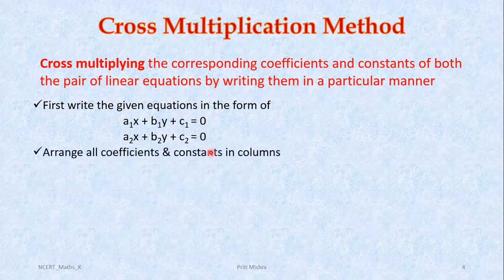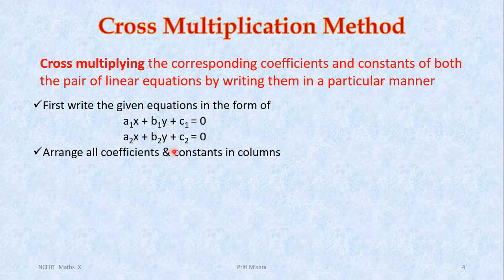After this, we have to arrange all the coefficients and constants in columns. Here you can see we have the coefficients of x, a1, a2. If we consider these coefficients, we can consider them as a column. A1, A2 is one column, and the coefficients of y are B1, B2, which represent the second column.